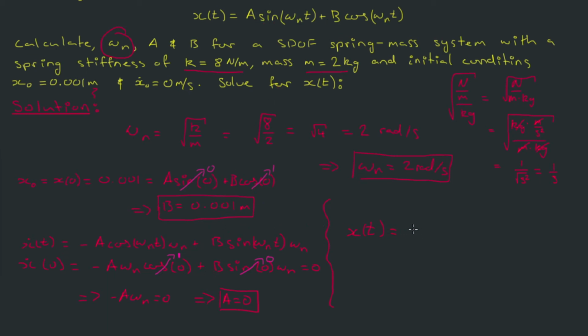So we plug in our B term, which is 0.001 times cosine of omega n, which is equal to 2t. Now this is given to us in meters, and our velocity is also in meters per second. So everything's in SI units, so we also have meters here. And there you have it. For any time t, we can find our displacement of this spring mass system.